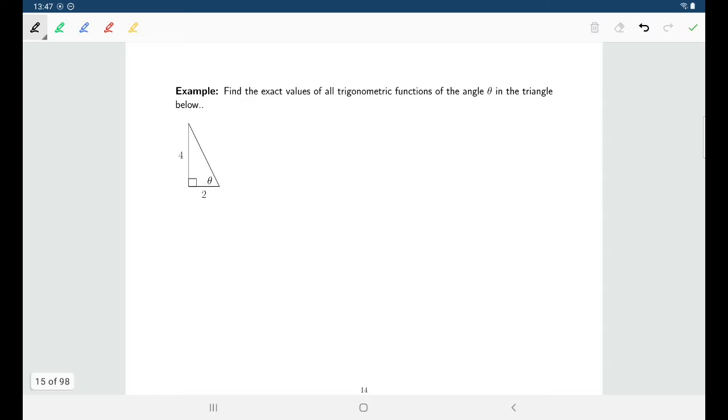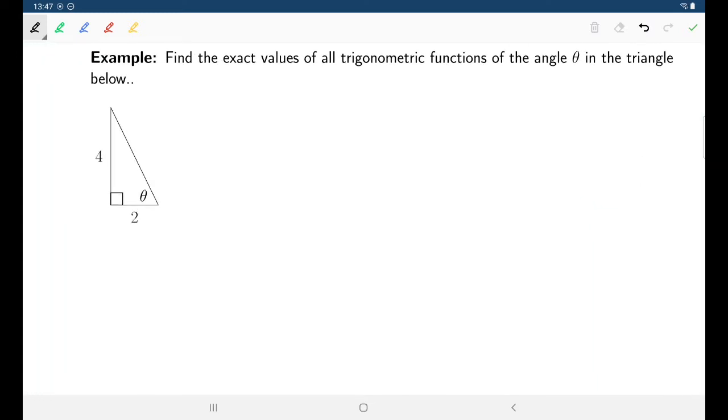Okay, so here we've got ourselves a nice little right triangle, and I want to find the exact values of all the trigonometric functions of that angle theta. So the one side missing from our triangle here would be the hypotenuse.